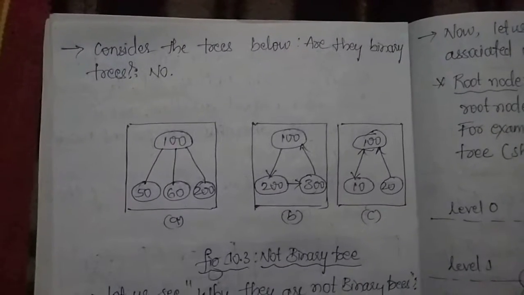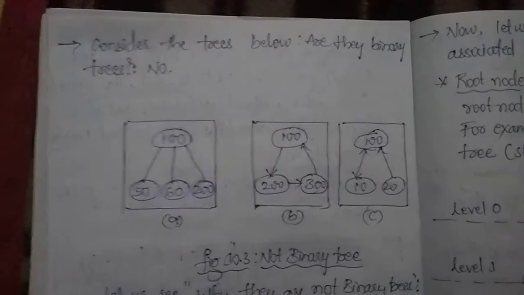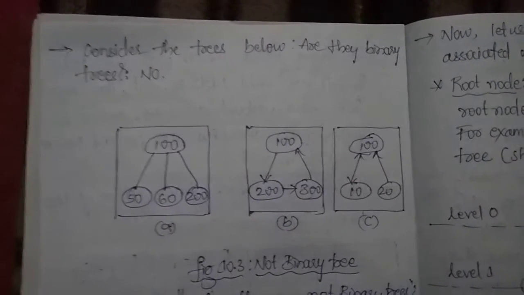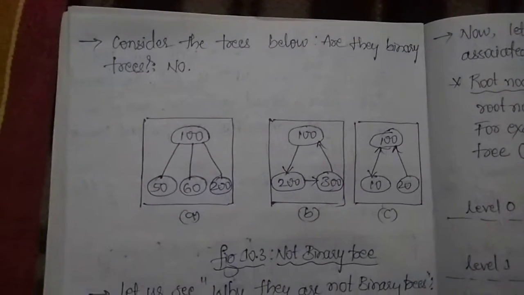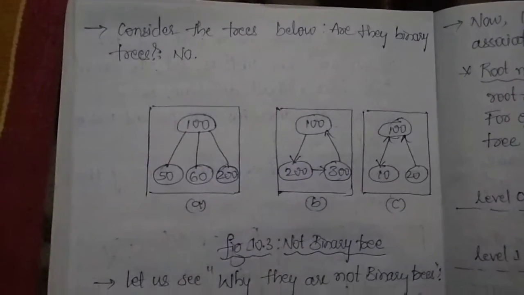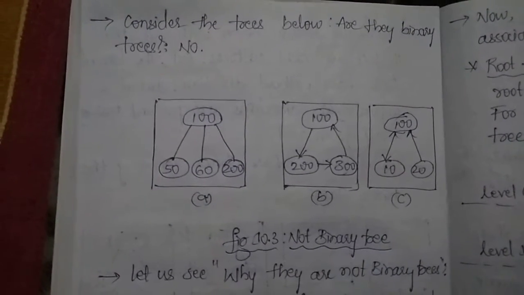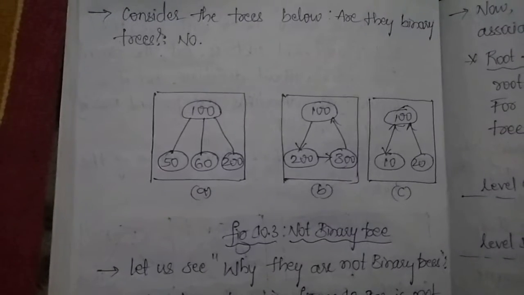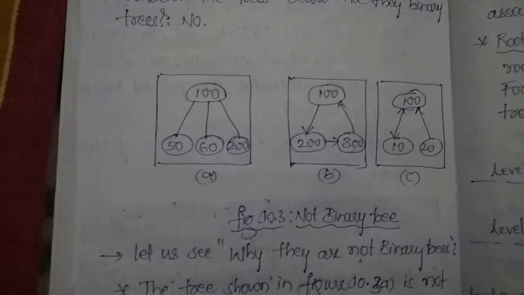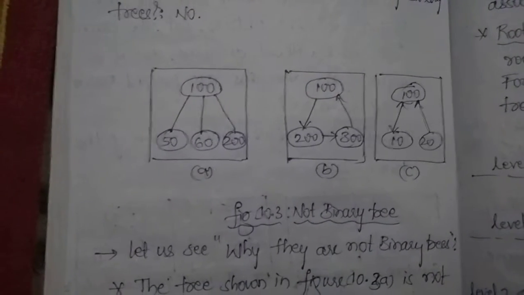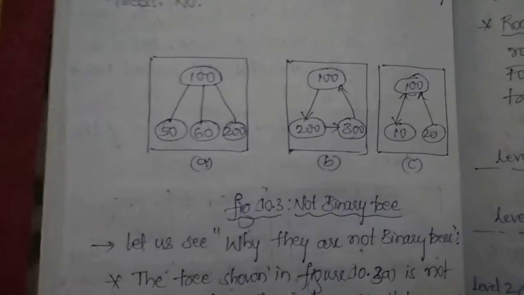Now check out another set of figures, wherein figure 10.3 represents 3 more figures, a, b and c. In figure a, it is not a binary tree because it has more than 2 subtrees, so it does not satisfy the definition of a binary tree. Figure 10.3b is not a binary tree because node 100 has subtree 200, node 200 has subtree 300, node 300 has subtree 100, and the cycle repeats.